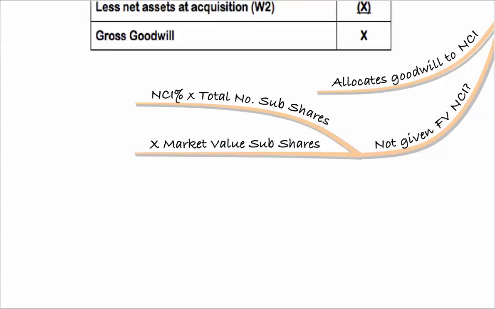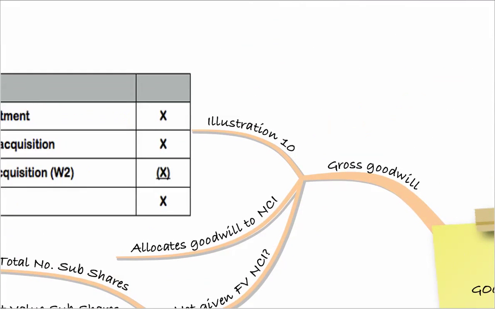Now that's very simple and straightforward until you get it in an exam question and you've got the market value of the parent shares, the market value of the subsidiary shares, and maybe the nominal value of those also, and you get confused as to which one to use. So remember, for the fair value of the NCI, you use the market value of the subsidiaries' shares. We did an example of that in illustration 10 to make sure we could calculate it.